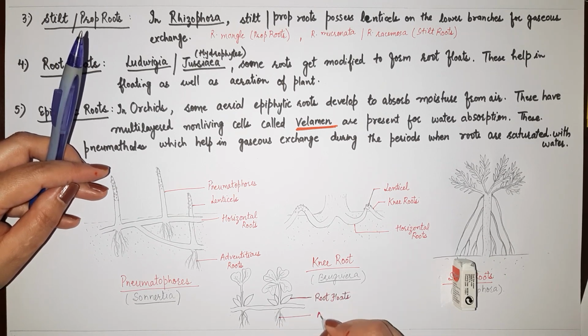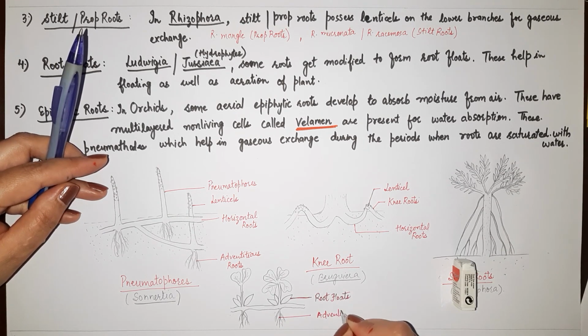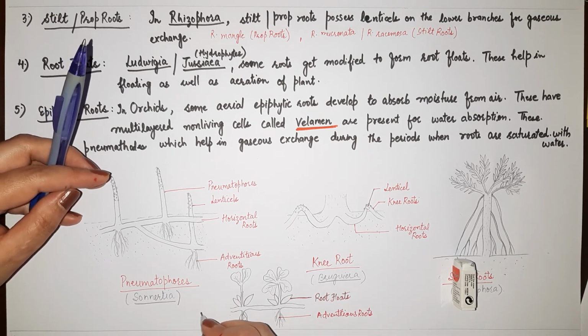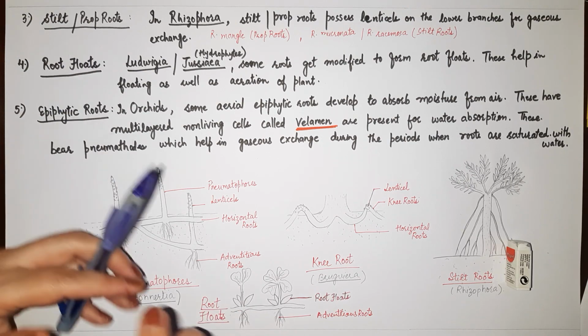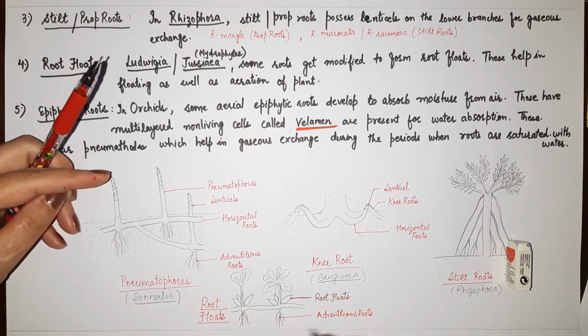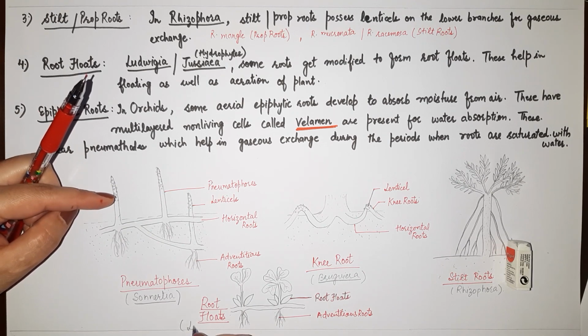And these are adventitious roots. So this is the last category, root floats, and we are discussing the example of Ludwigia, also called Jussiaea.